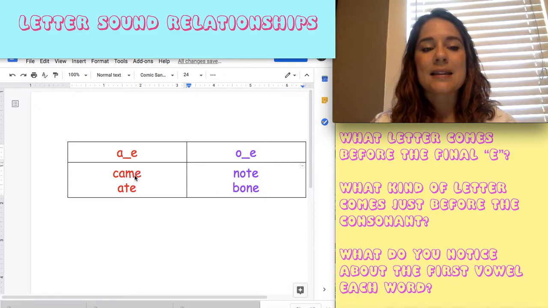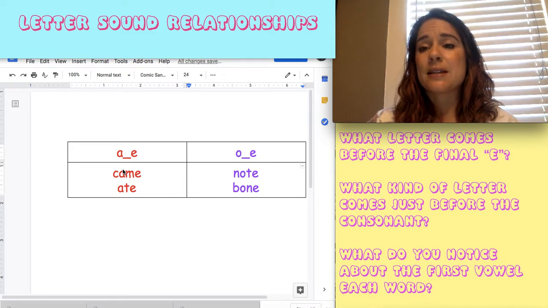It's almost like this E right here makes this vowel have to say its full name. When we say the long vowel sounds, it's the vowel saying its name.